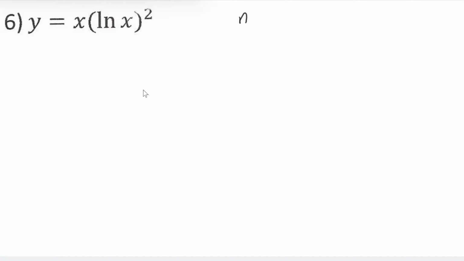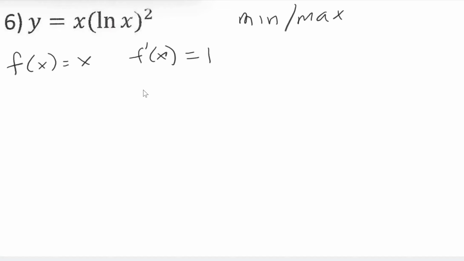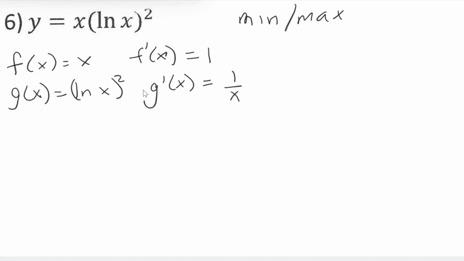This will be minimax. So this one is product rule. f of x equals x, f prime of x equals 1, g of x equals ln of x squared. For g prime of x, we have to do the chain rule for this one. The derivative of ln of x is 1 over x, times 2 ln of x.